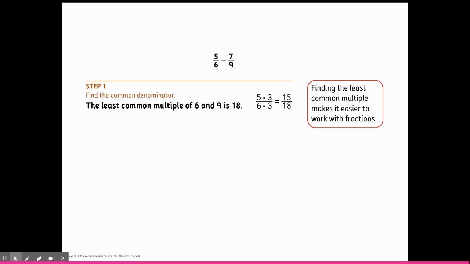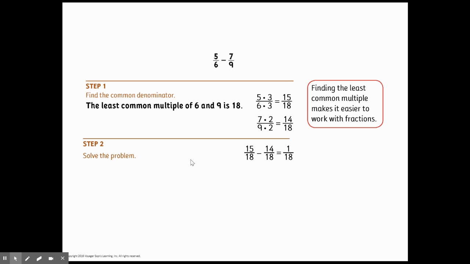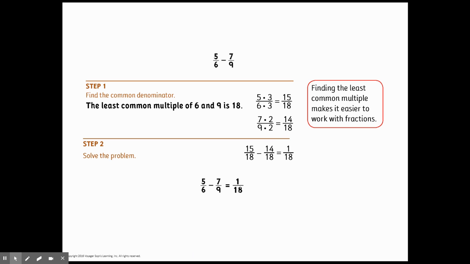And because 9 times 2 equals 18, we'll multiply our second fraction, 7/9, by 2 to get us 14 over 18. Now we solve the problem. 15 over 18 minus 14 over 18 gives us 1 out of 18. So 5/6 minus 7/9 gives us 1 out of 18.